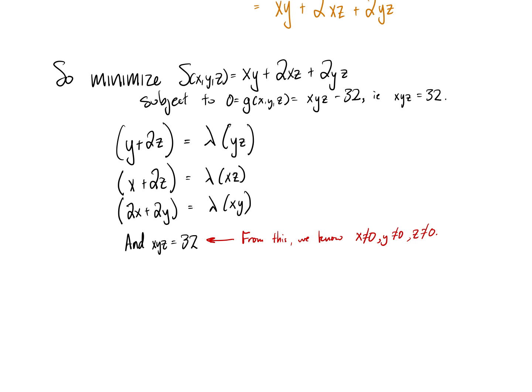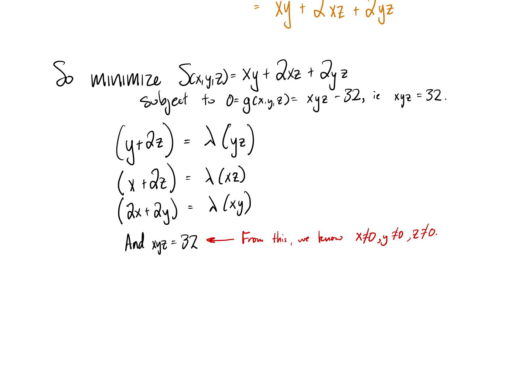So what we do is we take the partial of S with respect to X and set it equal to lambda times the partial of G with respect to X. So that's Y plus 2Z equals lambda times YZ. We take the partial of S and G with respect to Y, and we multiply the partial of G with respect to Y by lambda.